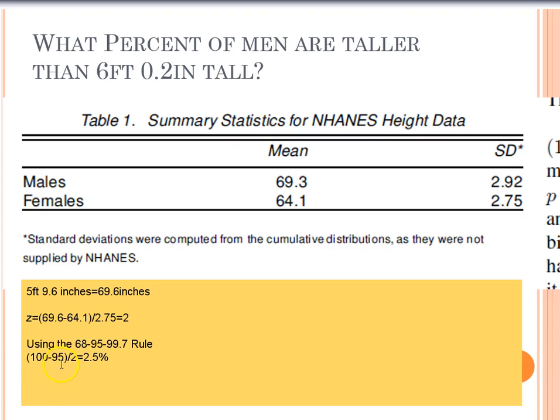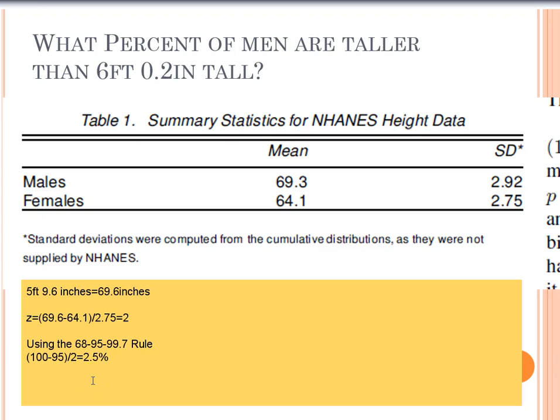So 100 minus 95, so 95 is associated with 2 standard deviations. We can look at the upper and the lower tail outside of 2 standard deviations. Since we only want the upper tail, women greater than 5'9", we're going to divide by 2 just to get the upper tail, and that's going to give us 2.5% of women.